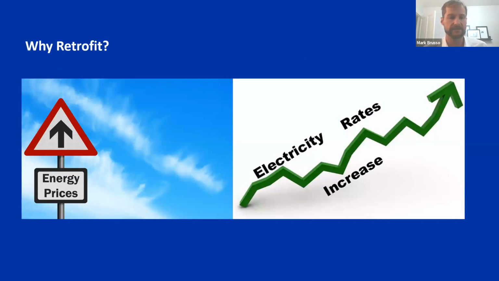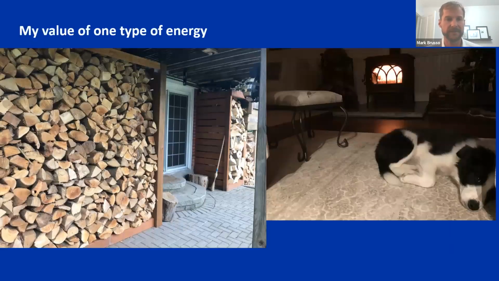Well, I would like to say that, generally speaking, without getting too much into detail right now, we are at a point in our history where energy prices are not going down. And we are trying to counteract the effects of increasing energy by retrofitting these structures.